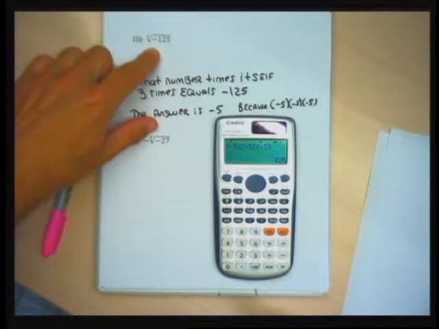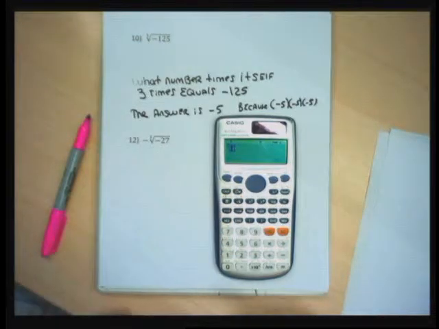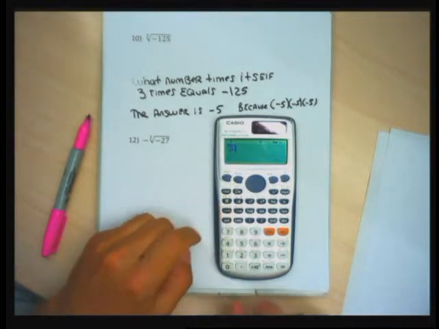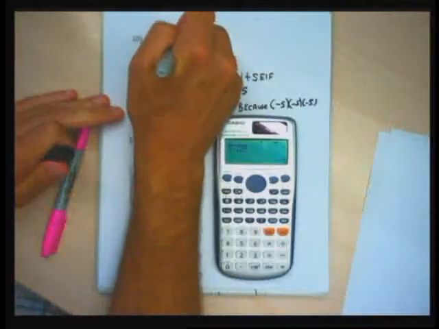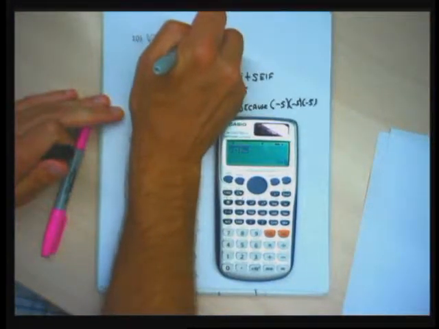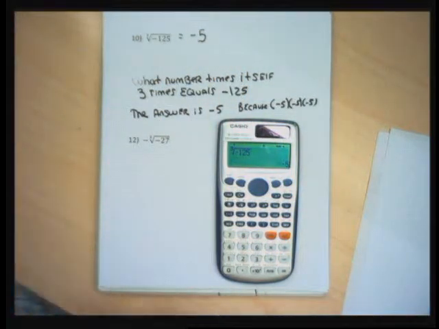On my calculator, I would just probably go shift, hit the square root button to get the cube root, use the negative in the parentheses, type the number 125, and I get negative 5. So I won't be able to tell if these were test questions if you're relying on your calculator, or if you're just clever and you know roots in your head. It doesn't really matter. It's not that important.